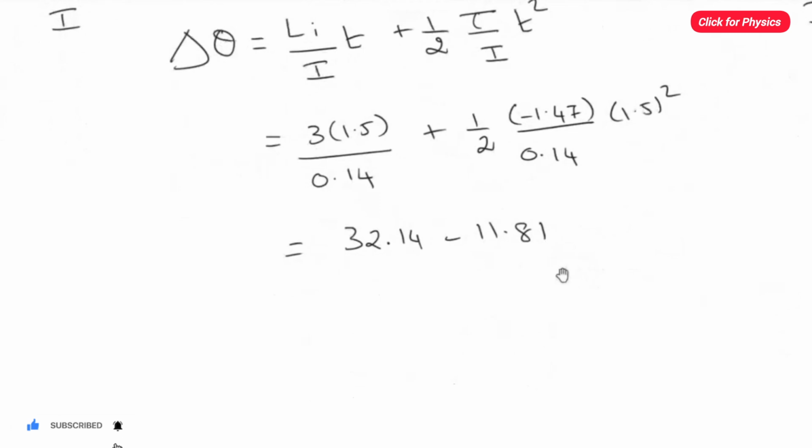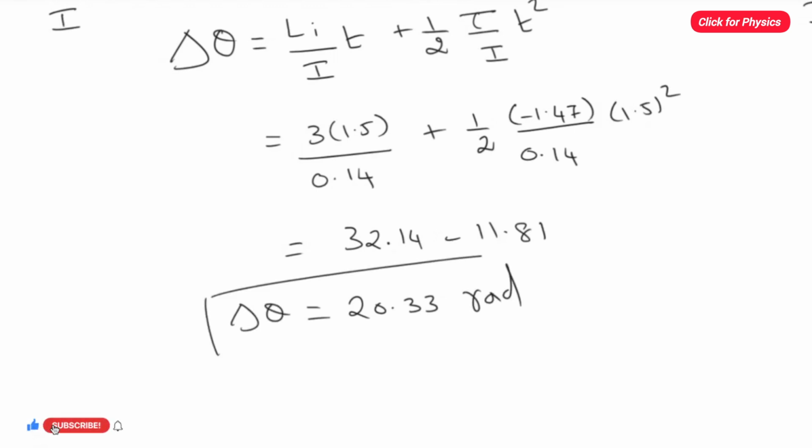Now I have to subtract this number from 32.14. So 32.14 minus 11.81, I got the answer as 20.33. The unit for rotation, angle theta, is radian, right? So the unit for delta theta is 20.33 rad. This is the answer for the second question, B part.